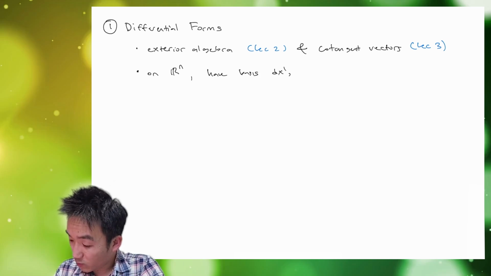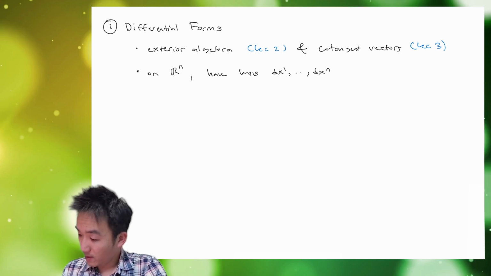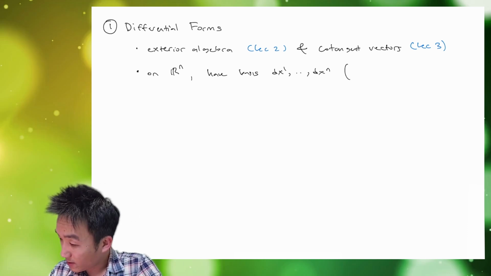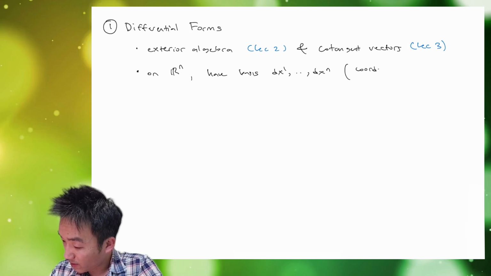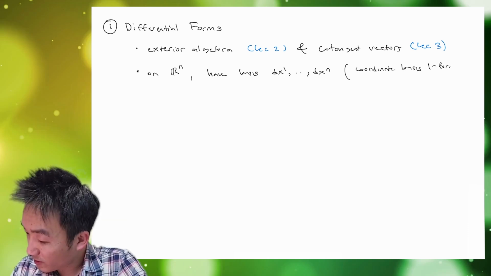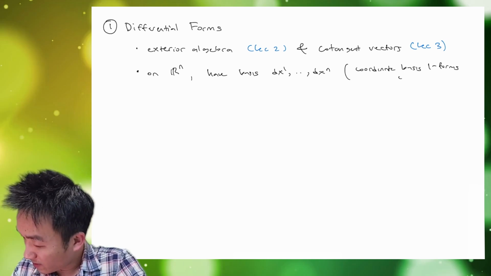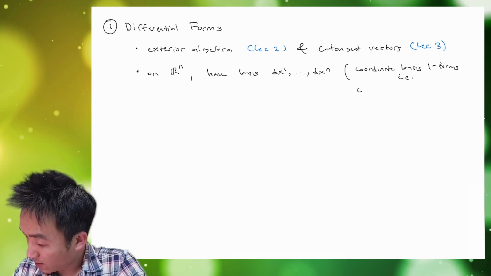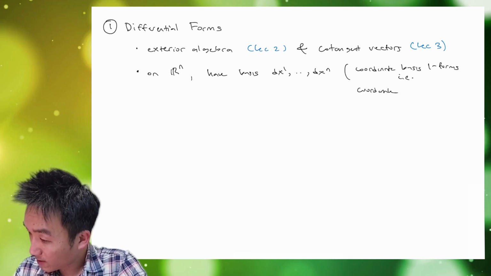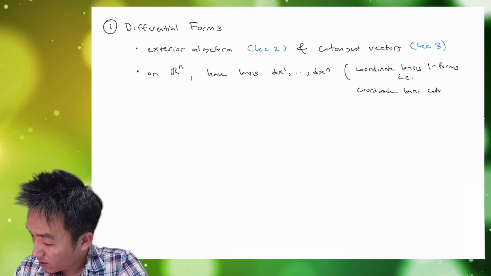We have dx1 to dxn, and we can think of these as the coordinate basis. I'll call them one forms for now, even though I haven't quite defined it. But we can also think of these as coordinate basis cotangent vector fields.